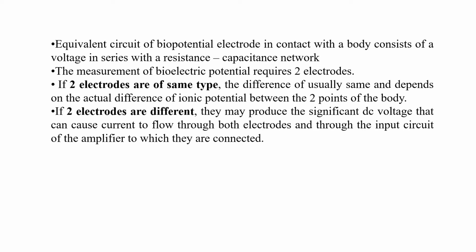The next point is if the electrodes are of different types, then they may produce a significant DC voltage that can cause current to flow through both the electrodes and also through the input circuit of the amplifier to which they are connected.